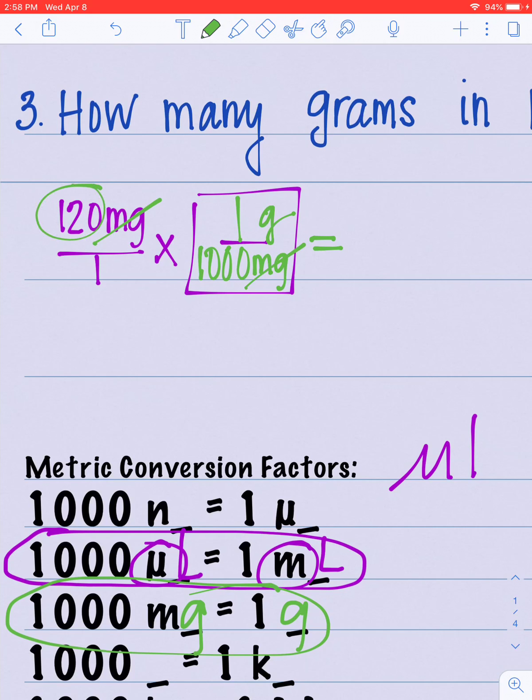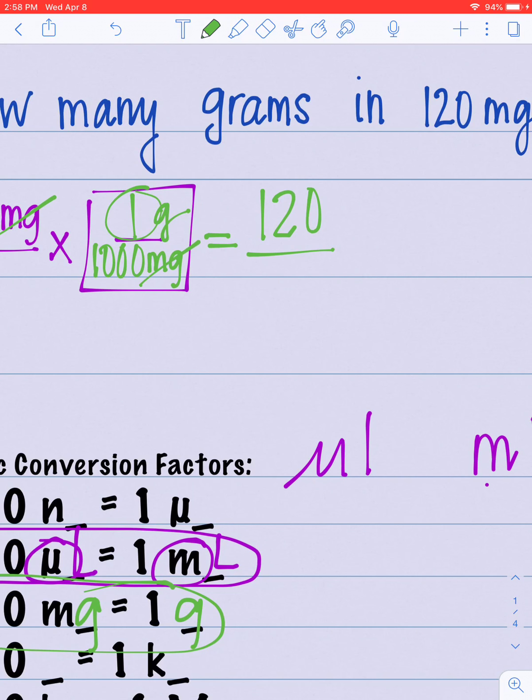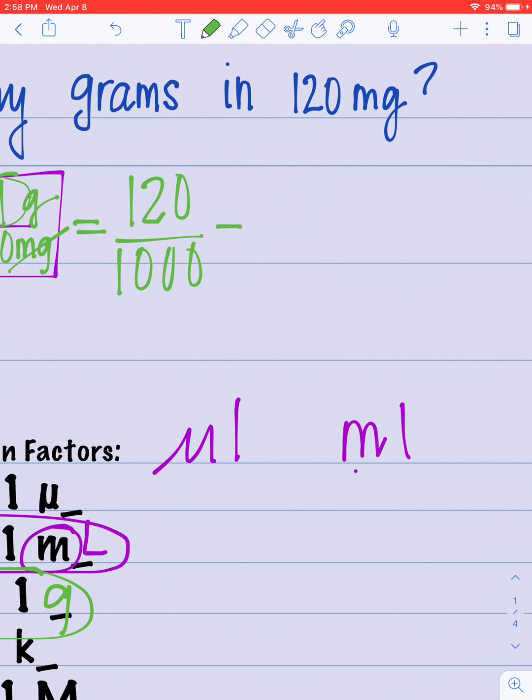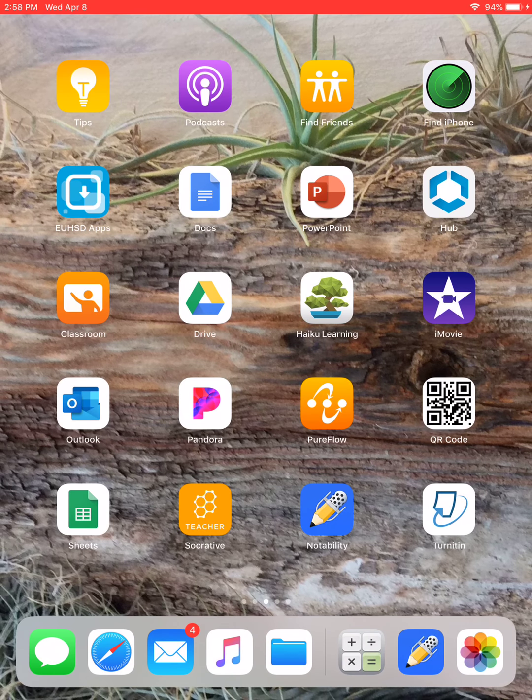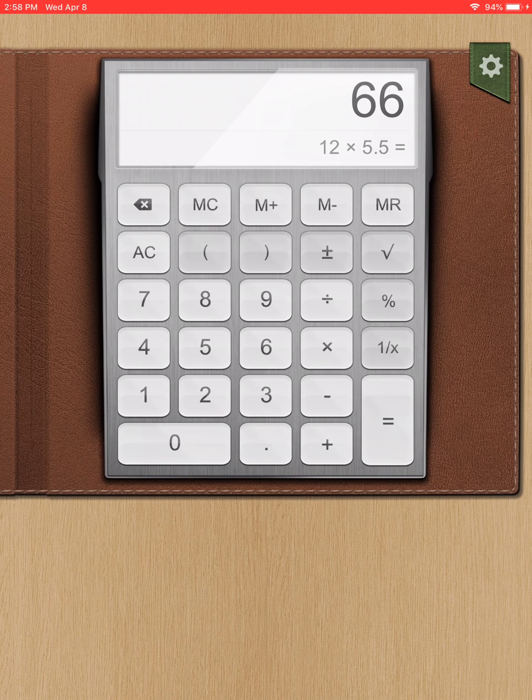So 120 times 1 is 120, and then 1 times 1,000 is 1,000. And in this case, it does have one extra step because we are left with 120 divided by 1,000. Again, don't be afraid to use that calculator. And the answer is 0.12.